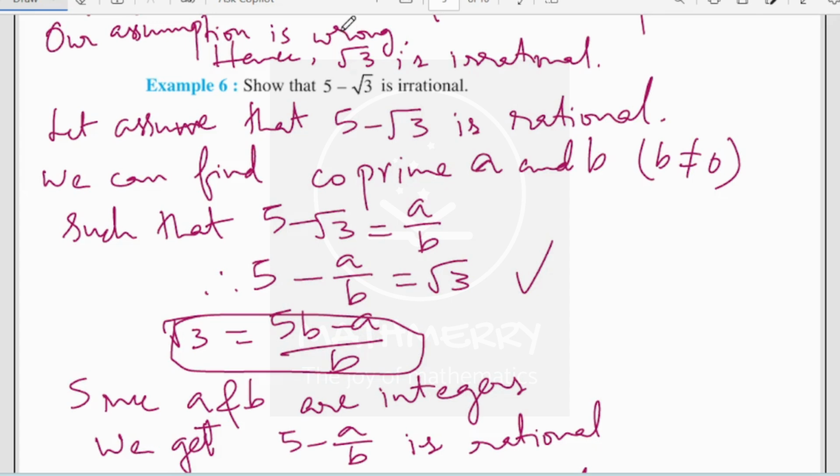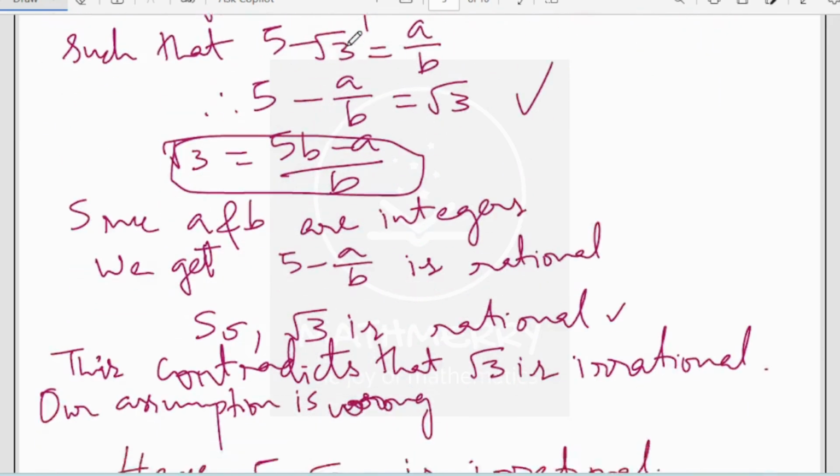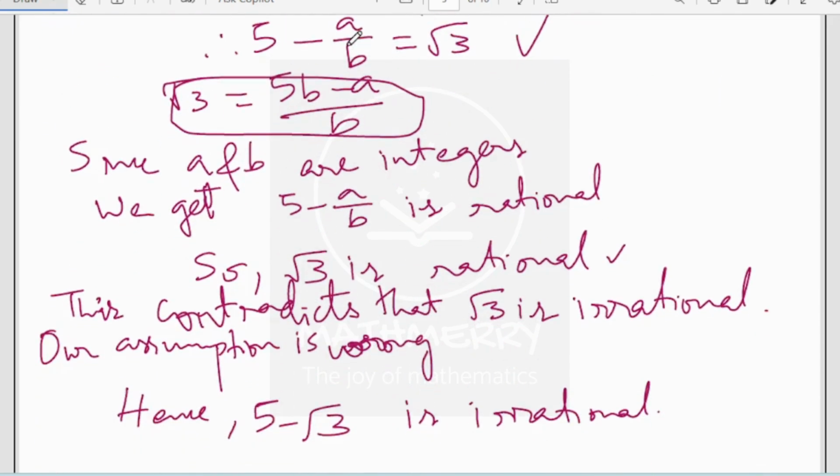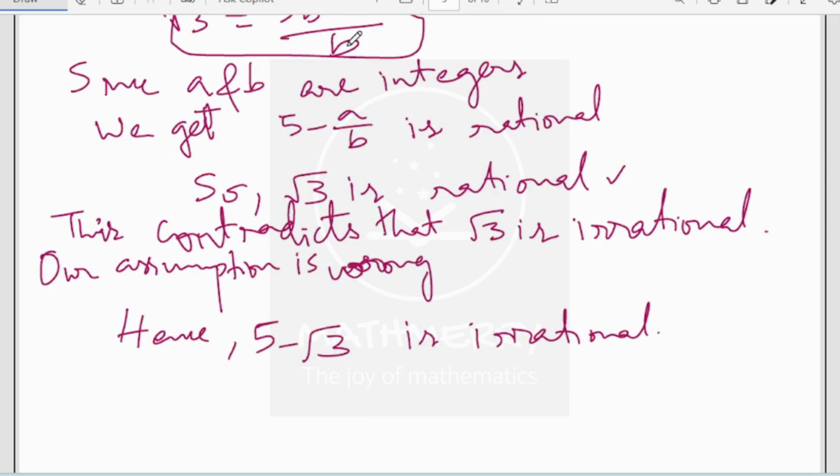The left hand side of the equation is a rational number, then root 3 should also be a rational number. But we know that root 3 is an irrational number. So this is a contradiction, because our assumption is wrong. So hence 5 minus root 3 is an irrational number.